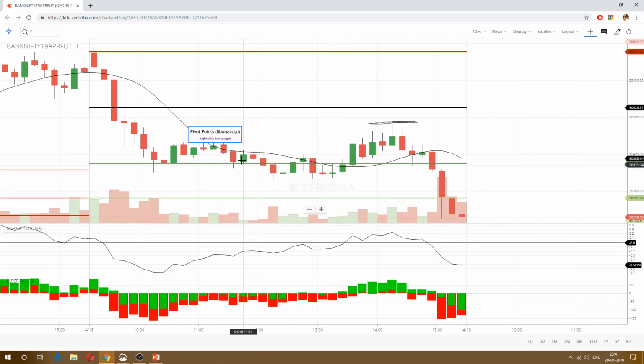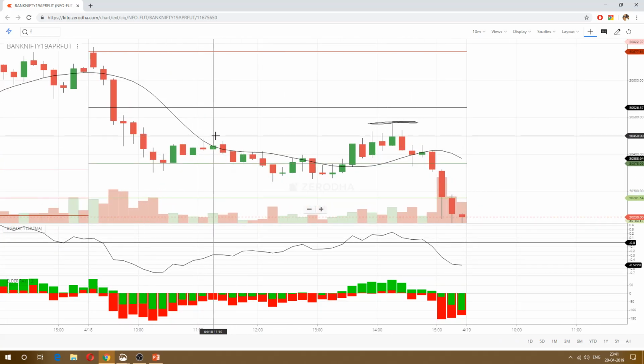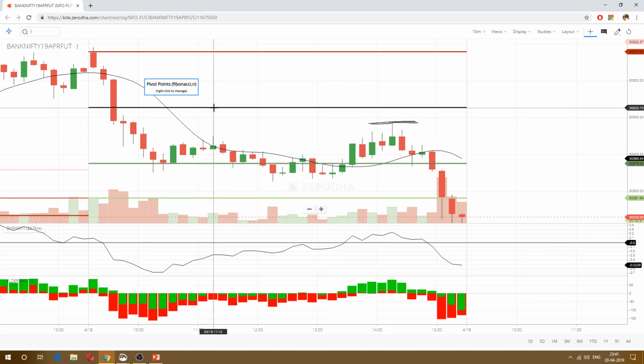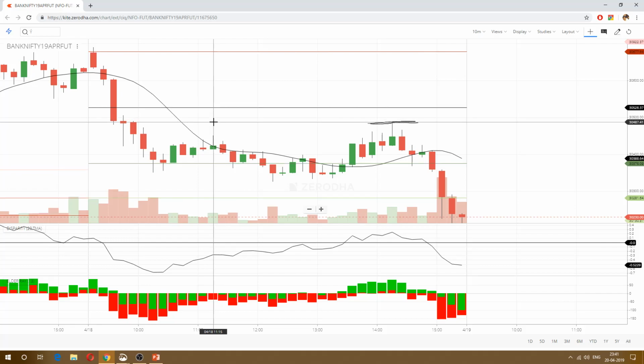So instantly your heart will say, even before this candle closes, oh, maybe this is a trade, maybe Bank Nifty is reversing and my next target, maybe it will test the next pivot line or next higher time frame resistance, which we have written down at 30,485 or 486 level. You are like, oh, it's already 484 here. Now we know this is a wick because it has already closed, but during the live market, this candle would have looked like a green one, which is about to close above the 12 triangular moving average.